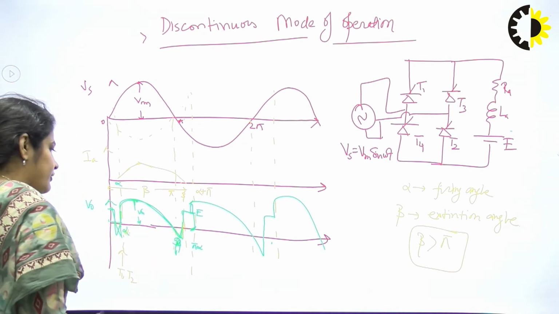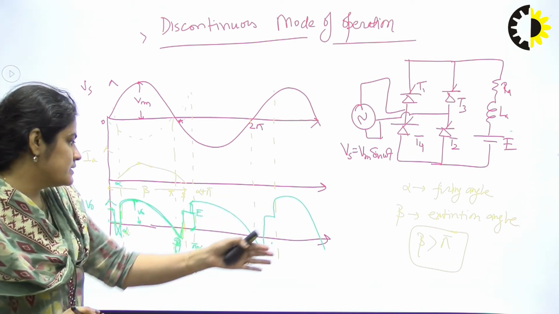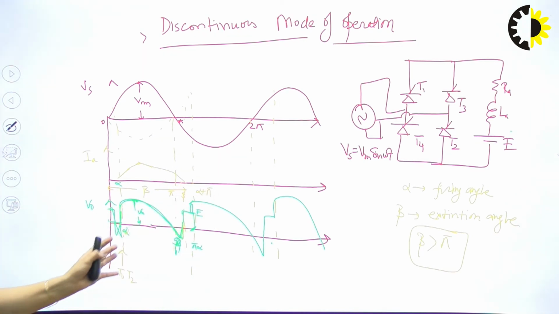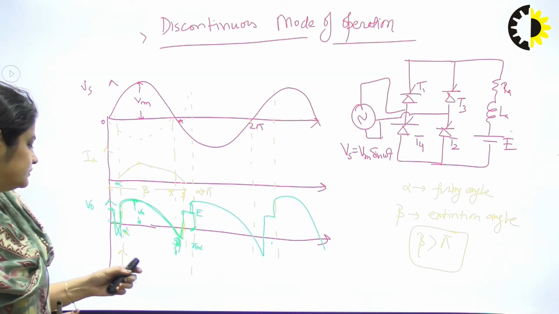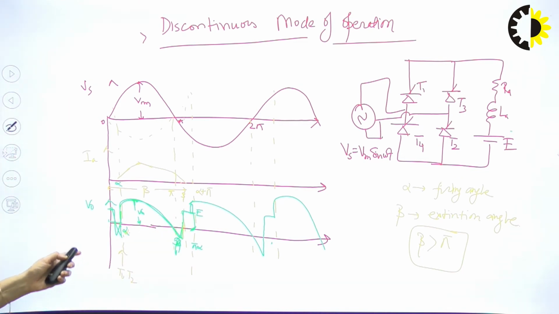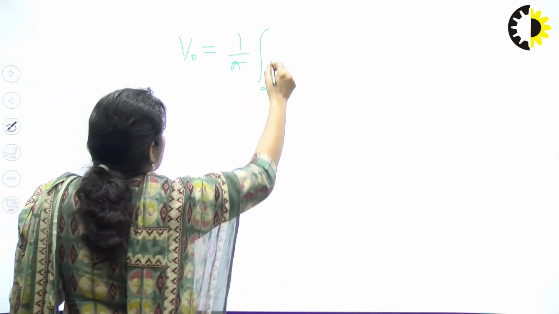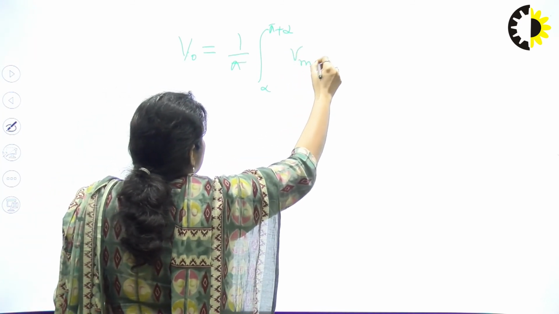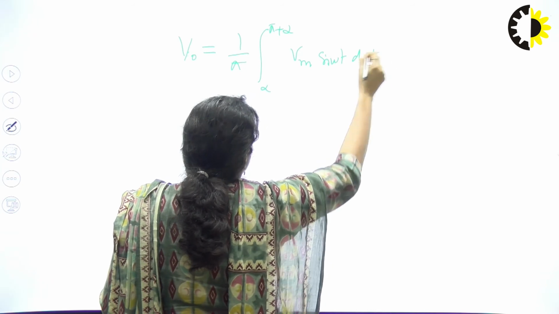Alpha to pi plus alpha, duration is pi, because after every pi the waveform is the same, like a periodic waveform, and the duration of the periodic waveform is pi, right? So alpha to pi plus alpha, Vm sine function, d omega t, right?